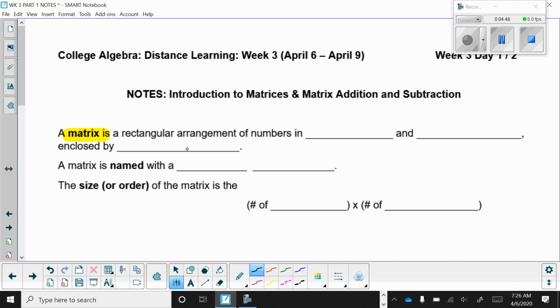A matrix is a rectangular arrangement of numbers in rows and columns enclosed by brackets. A matrix is named with a capital letter.